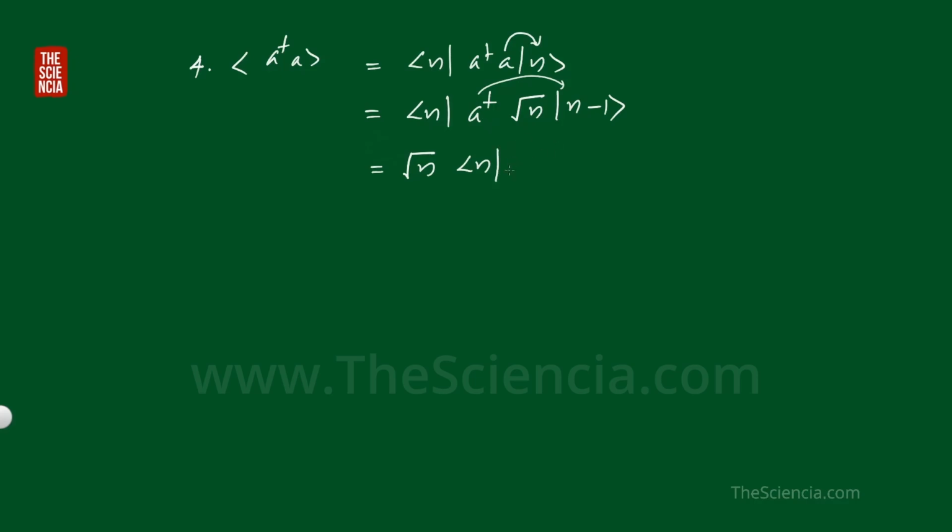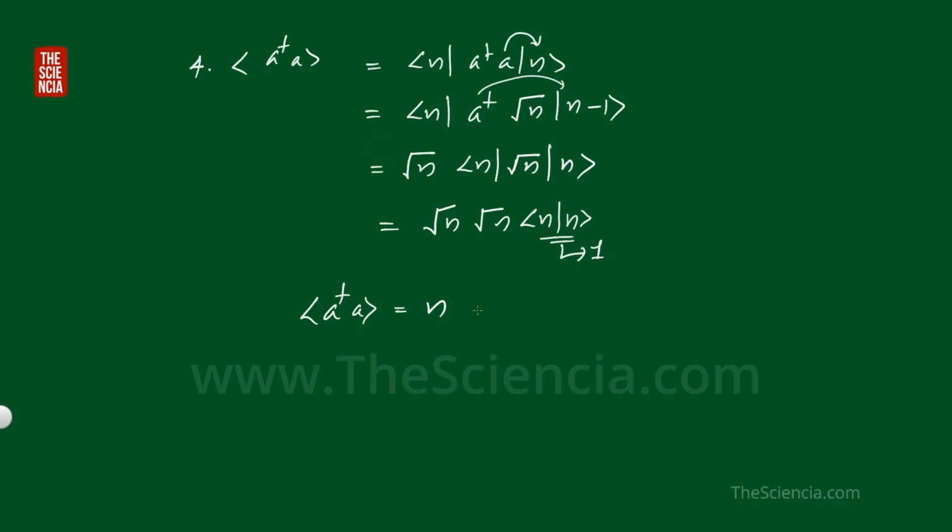We can take this √n outside, ⟨n|, and when a† operates on this one, we get the eigenvalue √(n-1+1), that is √n. The state is increased by 1, so we get |n⟩. So we got √n × √n ⟨n|n⟩. This value is equal to 1. Therefore, we got the expectation value of a†a equal to n.